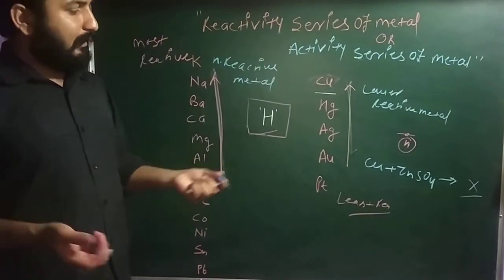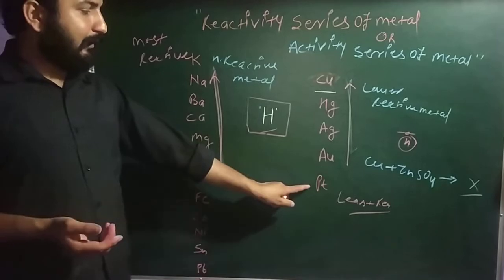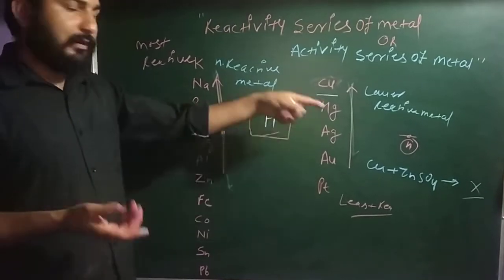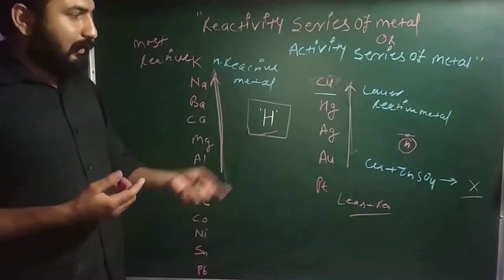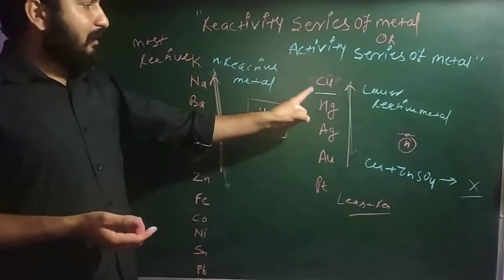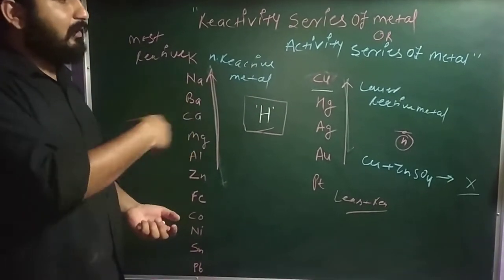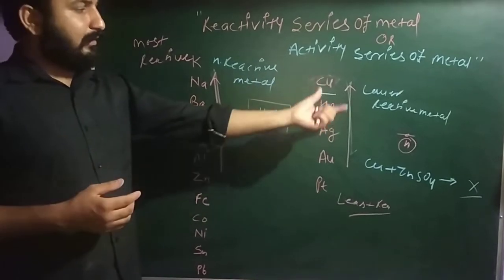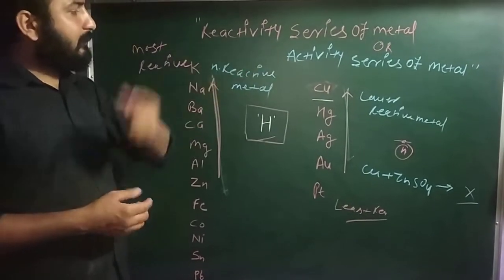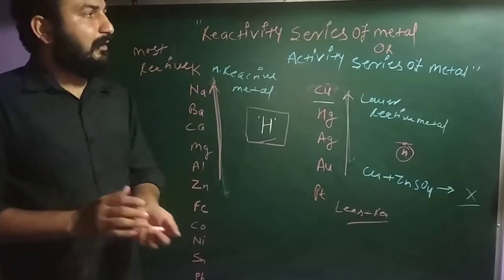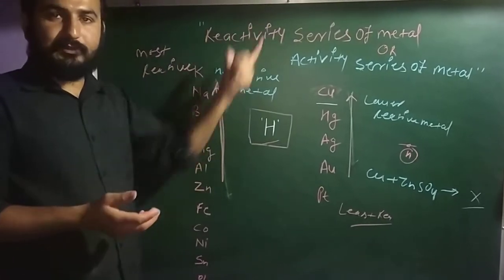Clear? In the same manner, if you try with platinum to displace copper from copper nitrate solution, again it is not able to displace the copper from its nitrate solution. So these are all known as displacement, and this is called the reactivity series of metals or activity series of metals.